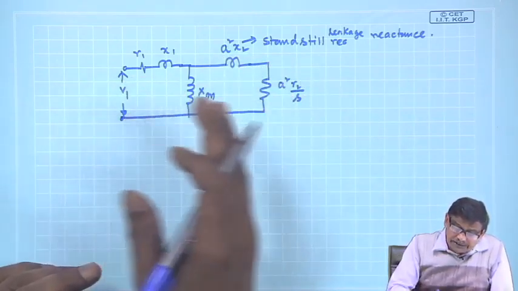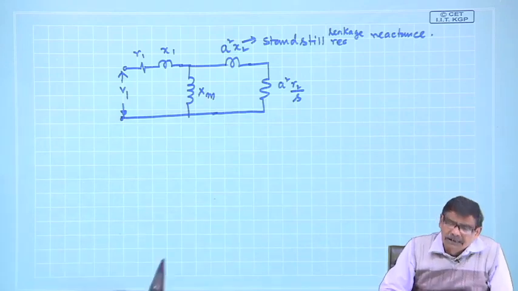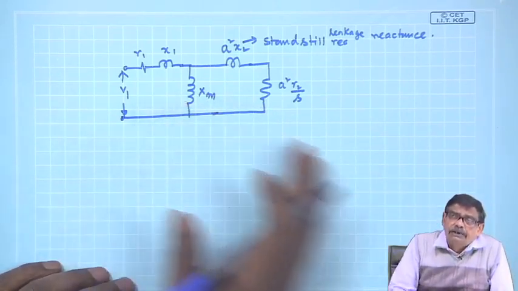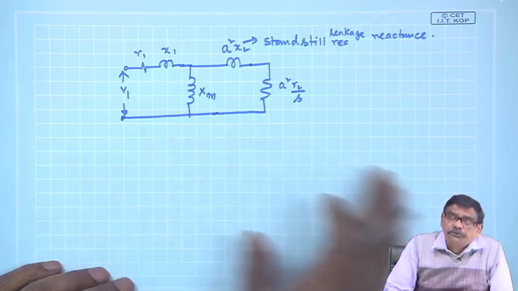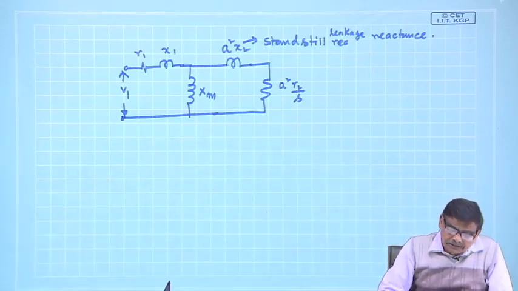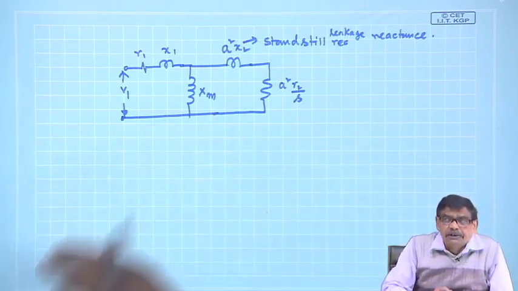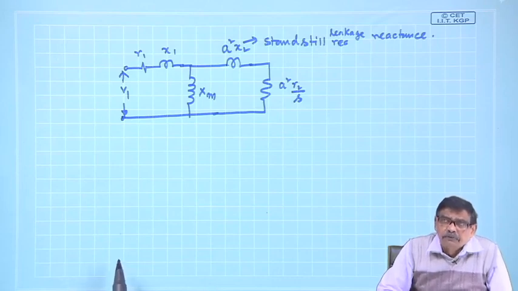Now, once this equivalent circuit is drawn, then the rest of the things are routine. I will show you how. That is, you can now develop the expression of the torque of the induction motor.